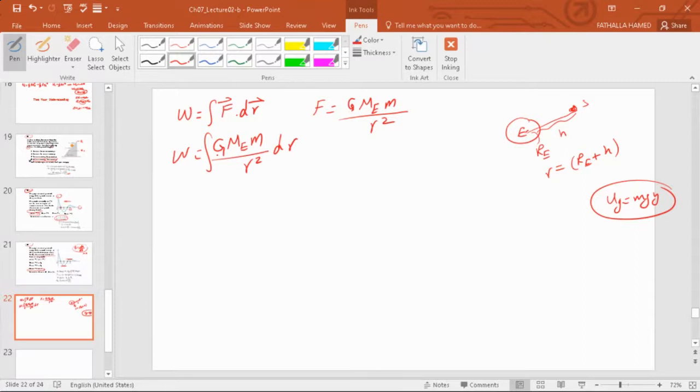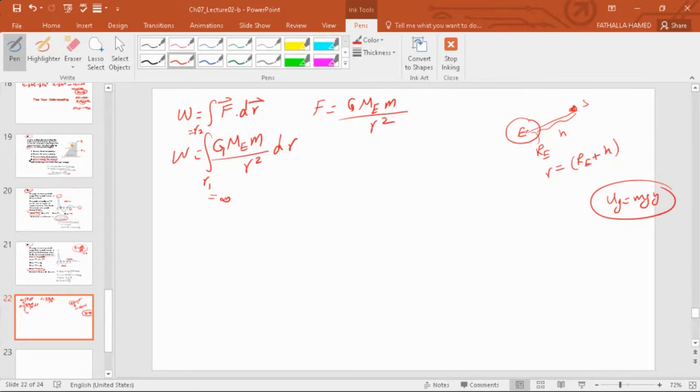But now, where are we going to set our reference of potential energy equal to 0? Well, when you are further away from the Earth, that's when you have no effect, and that will be the 0. Usually you will say that you go from R1 to R2, or R initial to R final, but I'm going to set this one at infinity, because this is where it's going to be 0.